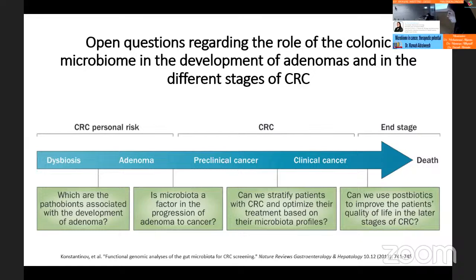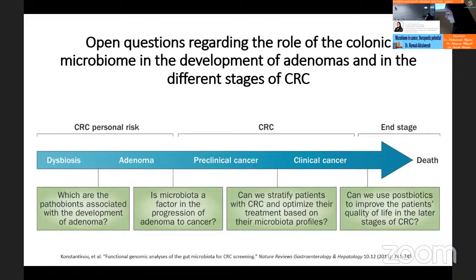Here are 4 different questions that we have to answer in order to make a significant contribution to early screening and detection of colorectal cancer. For each individual, a personal risk index might be generated based on the gut microbiota data, the genetic factors of that individual, diet, and lifestyle.